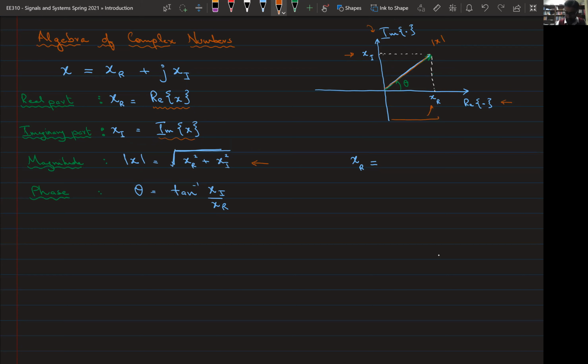This would be the hypotenuse, which is x times cosine theta, right? And I know that that is xr, right? So therefore, the real part of a complex number is equal to the magnitude of that complex number times cosine of theta.